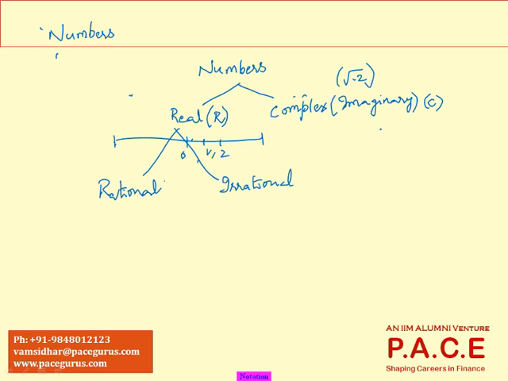Generally the rational numbers are denoted by Q, whereas for irrational numbers, sometimes people use the notation I, but anything which is not rational, we call irrational. Then how do we define something called rational? Any number which can be expressed in the form of P by Q.